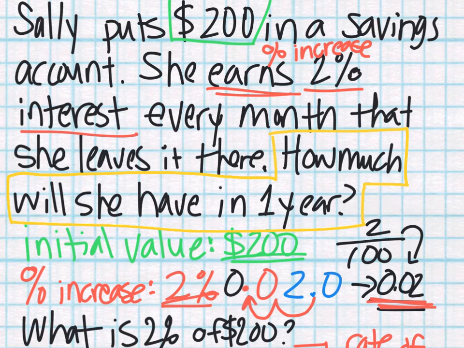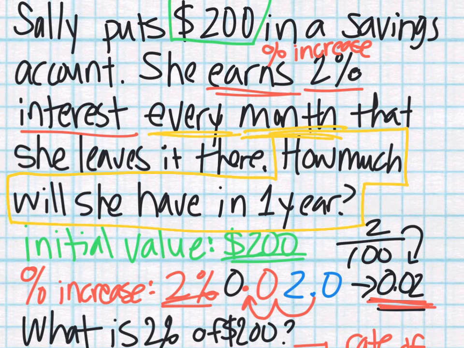So I'm going to read back through the problem and see how often this is increasing. Is it increasing every day, every hour, every week, every month, every 6 months, every 2 months, every year? So Sally puts $200 in a savings account. She earns 2% interest, oh there it is, every month. This tells me my x is going to represent 1 month.